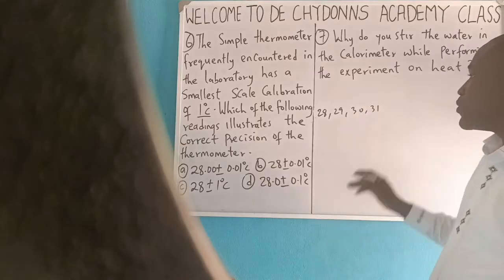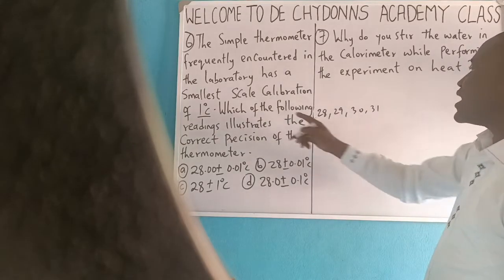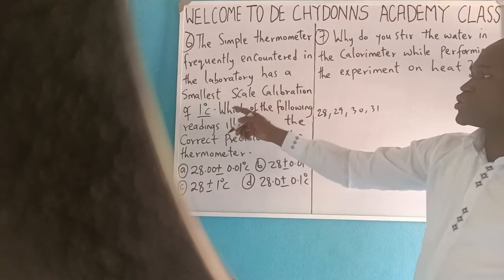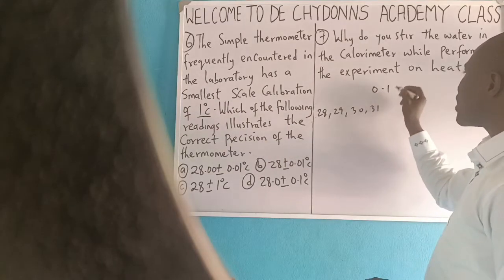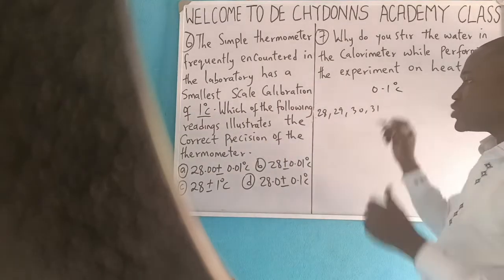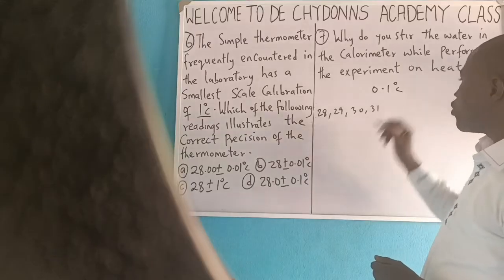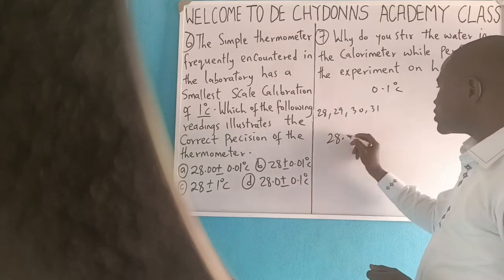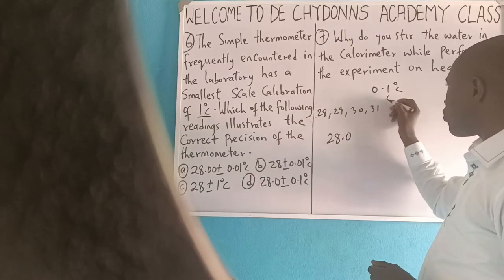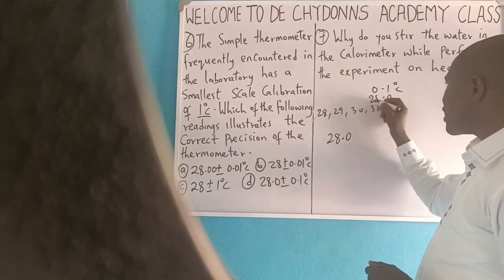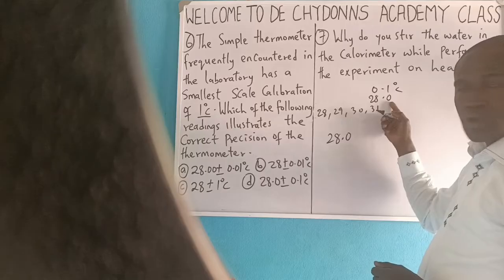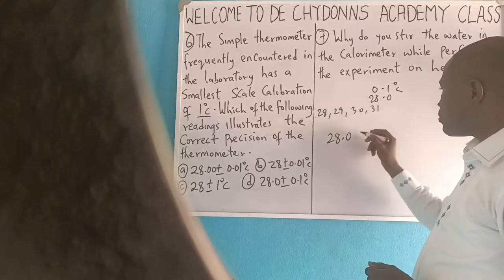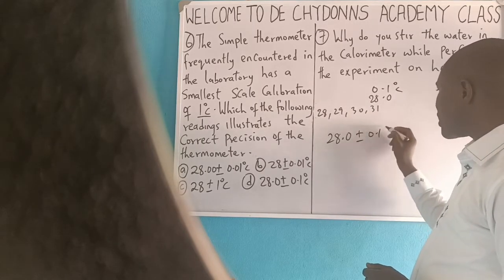If they say that the smallest scale calibration you can get is 0.1 degrees Celsius, it will mean that you will have 28.0 plus or minus 0.1 degrees Celsius.